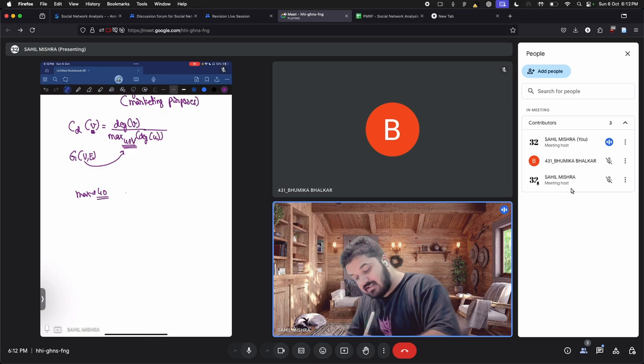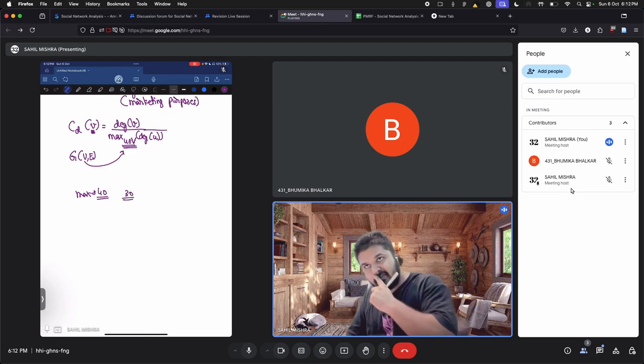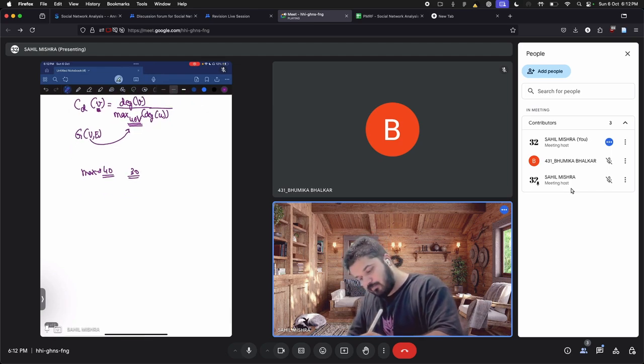and you take a node with degree 30. So the ratio, that's C_D(v), will become 3 by 4, which equals 0.75.